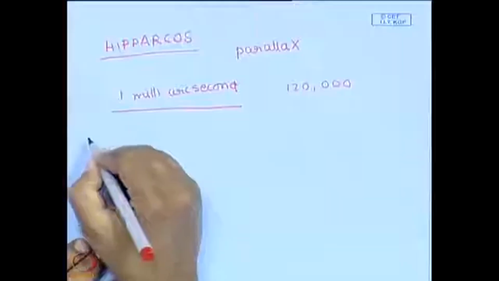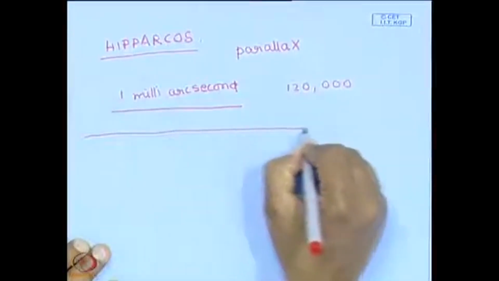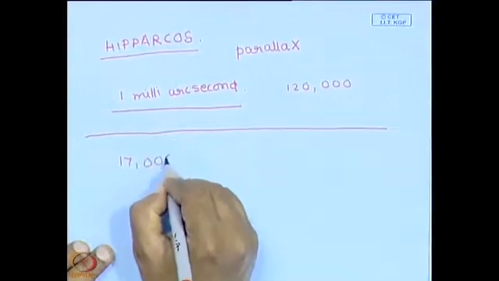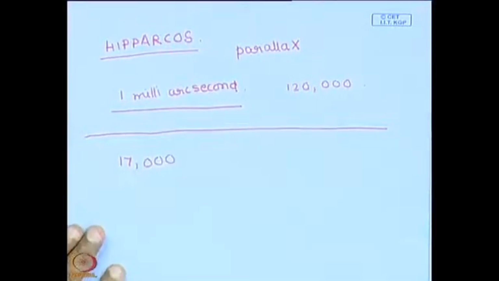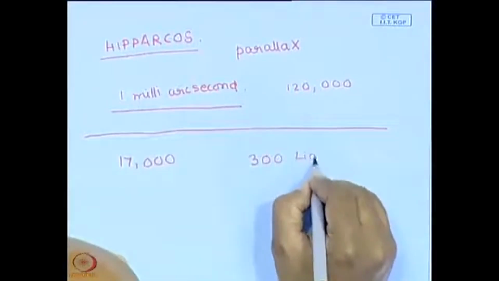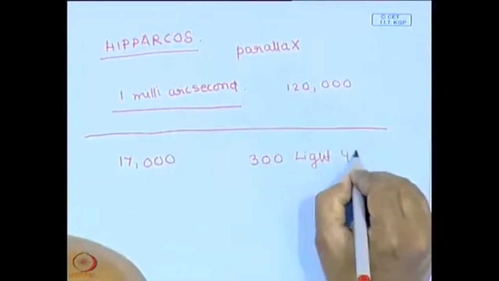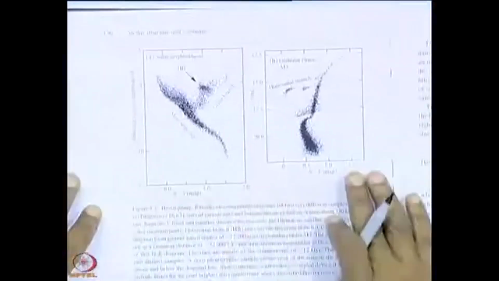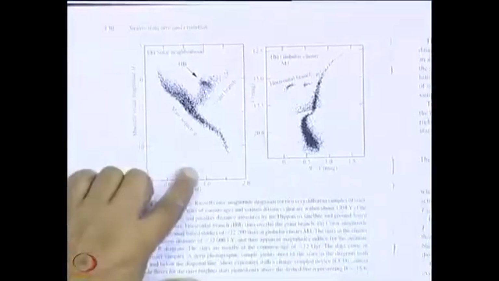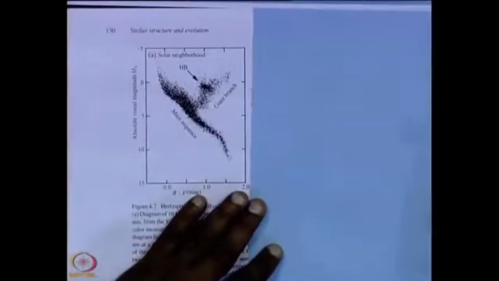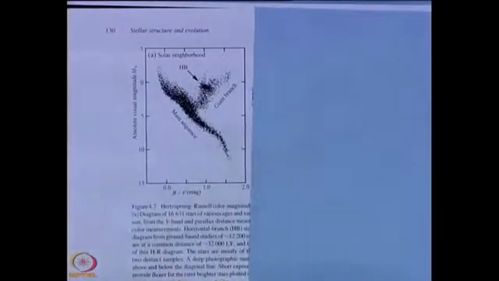So let me show you an HR diagram made with the Hipparchus data. It has around 17,000 stars within 300 light years. Let me draw your attention to this particular HR diagram.